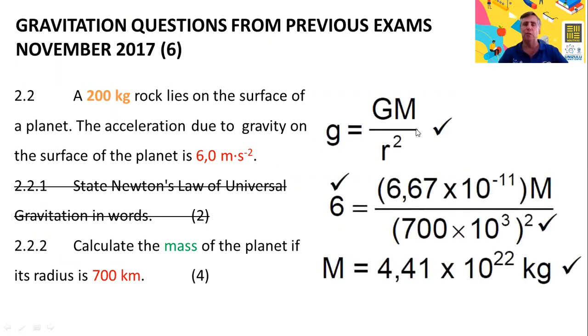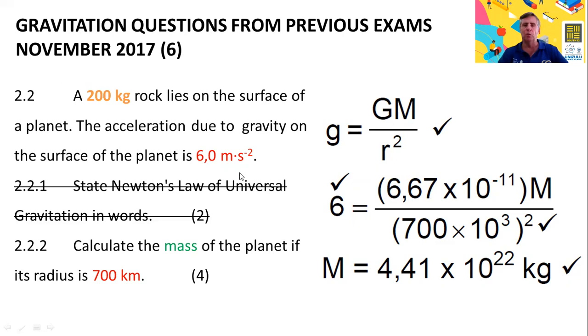That is the equation that's given to you on your data sheets. And the g, small g, the acceleration of gravity on the planet, equals big G, the universal gravitational constant, times M, the mass of the planet, divided by r squared. Of course, big M is what we're looking for. But we notice that small m, the mass of the rock, doesn't come into it because it's cancelled from both sides.